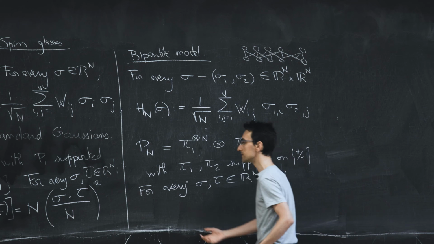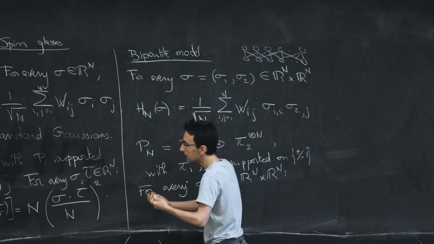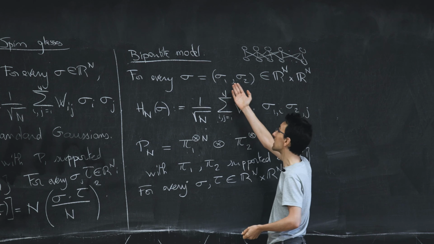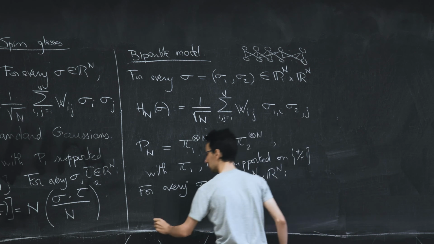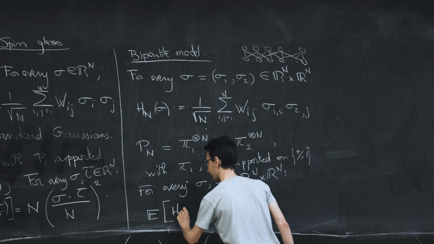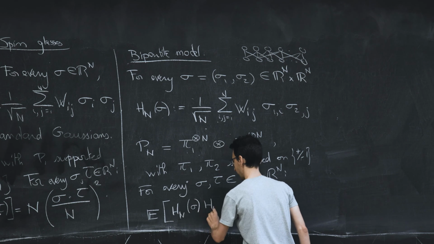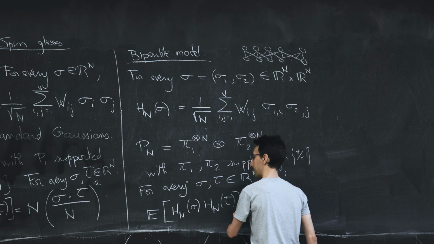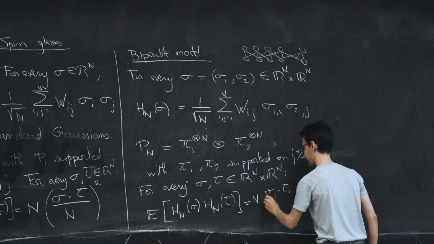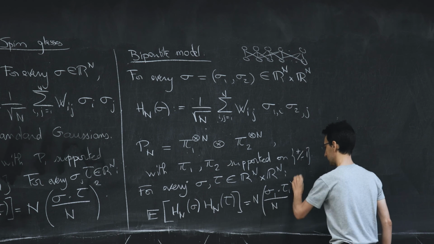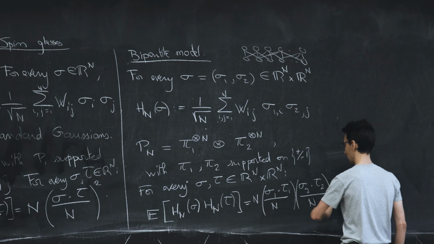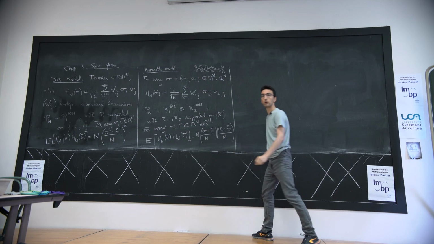And what we find this time is that in some sense this square splits into scalar product of sigma 1 with tau 1 and scalar product of sigma 2 with tau 2. So far, so good.